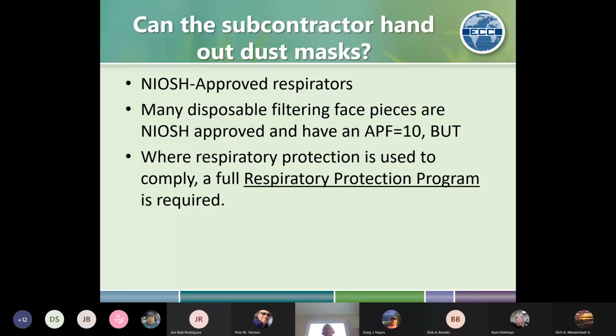So N95s are NIOSH approved respirators, but like all respirators, you have to have a full written respiratory protection program, which would include training, medical clearance, and fit testing. So fit testing those N95s is another whole topic, I guess we could talk about, but most people don't. They just hand them out.